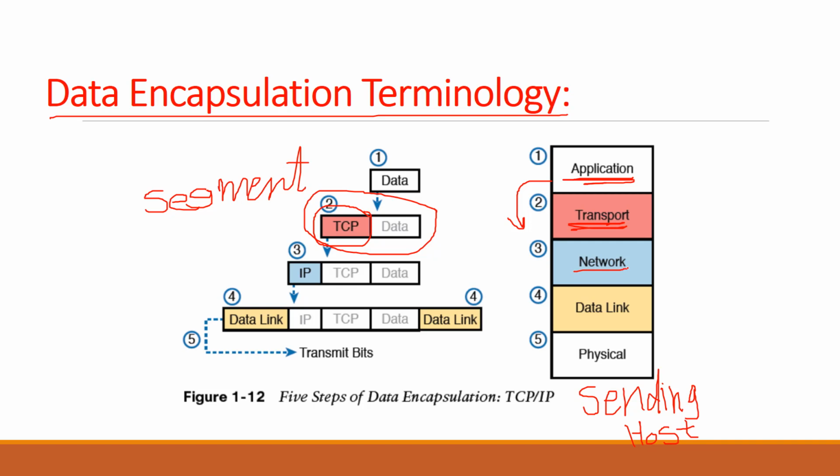When the network layer receives the stream of data from the transport layer, it considers the TCP header and data as data. All these are considered as data for the network layer, and it adds its own IP header, and all of this is called a packet.